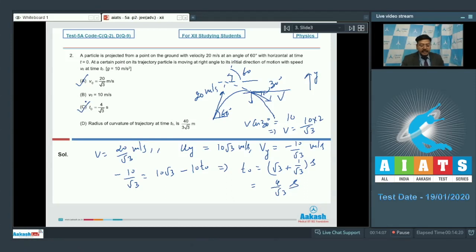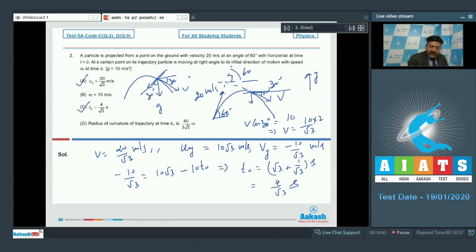Let's now evaluate the radius of curvature at that instant. To find the radius of curvature, we require v, which we already have, that is 20 by root 3 meter per second. And if at that instant, let's draw this trajectory again. Say here is velocity v and acceleration of the particle is g vertical downward direction. But in the plane of motion, we take component of g perpendicular to velocity, and we found that this angle is 30 degree. This angle will also be 30 degree.